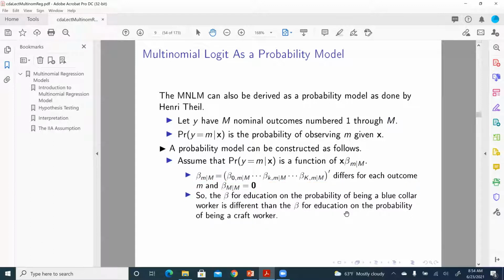So the beta for education on the probability of being a blue-collar worker is different than the beta for education on the probability of being a craft worker. So blue-collar and craft worker, they're different categories in the occupational set.